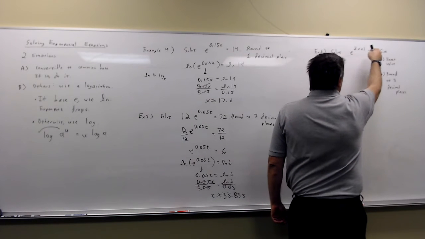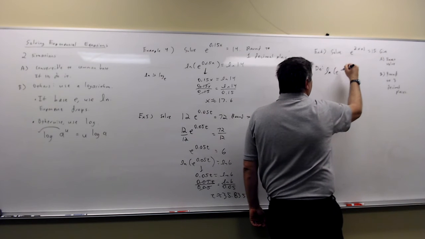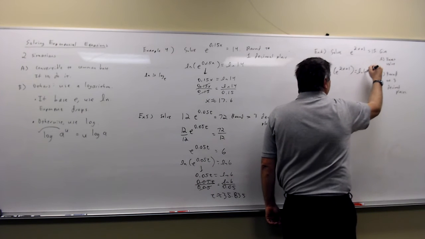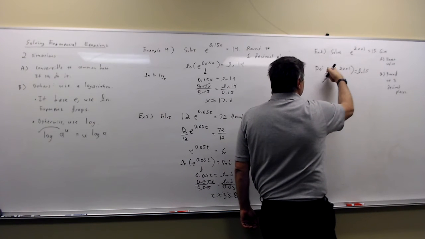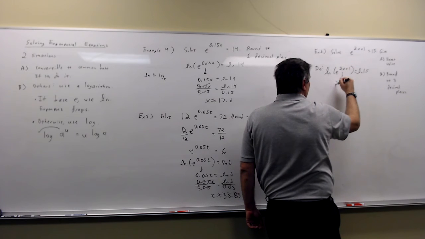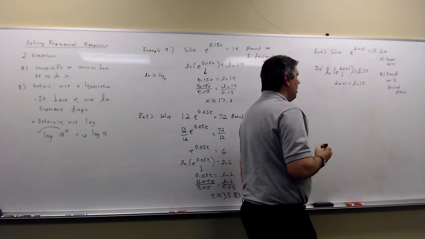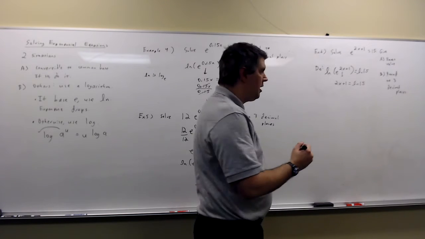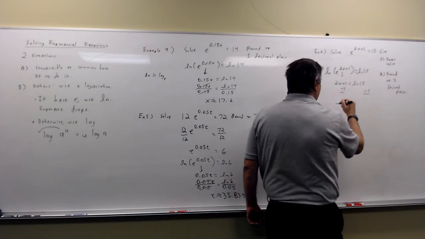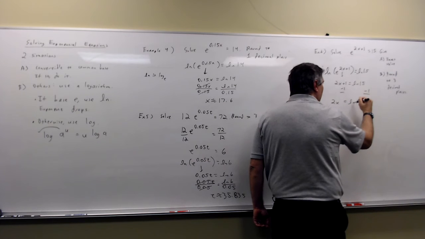It's e to the power equals a number, so I'm going to take the natural log of e to the 2x plus 1 equals the natural log of 15. That takes the exponent out of the exponent. Okay, now I will subtract the 1, and I end up with 2x equals the natural log of 15 minus 1.